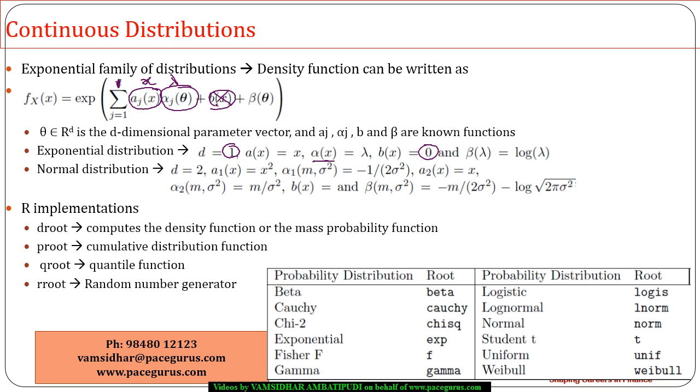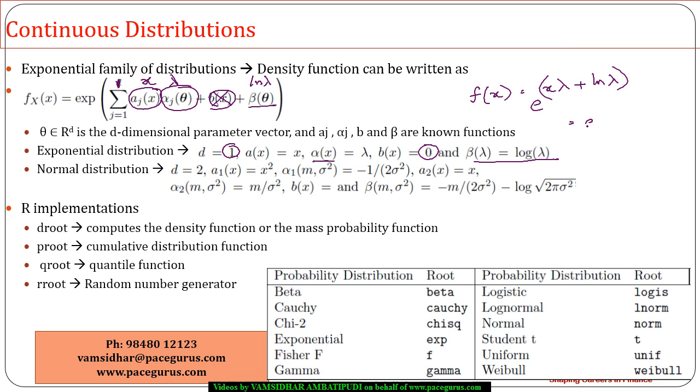So, this part does not exist at all. And beta of lambda is nothing but log lambda. So overall it is coming out as f of x equal to x lambda e to the power of x lambda plus log lambda. This is what is coming out.